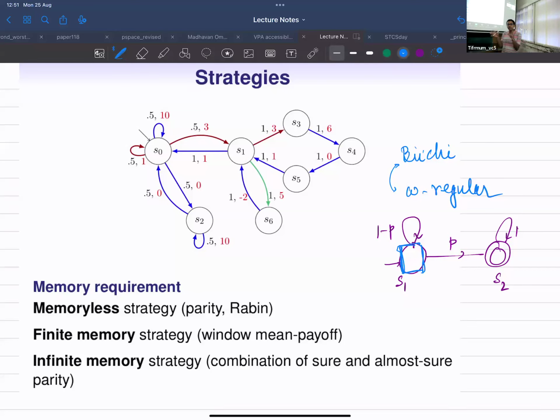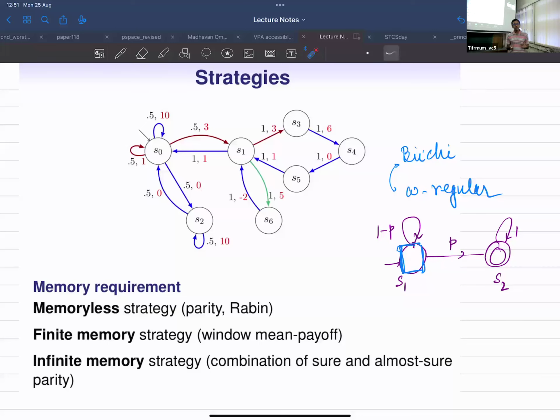You can change the probabilistic transitions by transitions from an adversary or an environment. When you talk about surely, even in a Markov chain or in a probabilistic system, this is a rule of thumb, then you can say that surely now the environment will always send you along this edge. Clear?